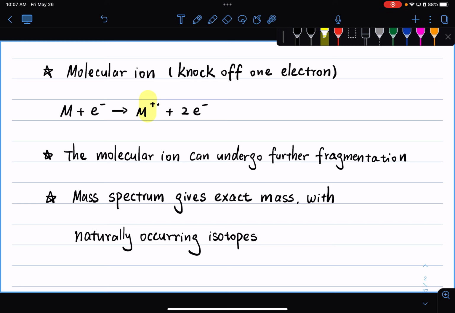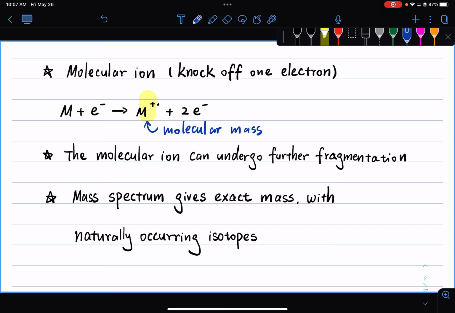So naturally, by knowing the mass of your molecular ion, we can get information like the molecular mass of your molecule. That is one of your largest peaks, or rather not the largest peak, but the heaviest peak, because that's the molecule you have.